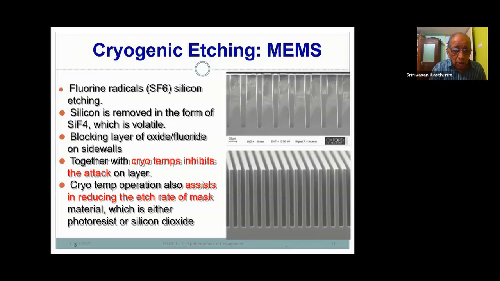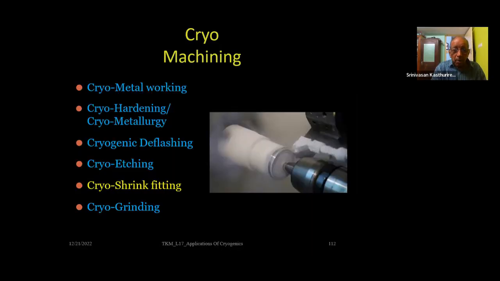Silicon is removed in the form of SiF4, which is volatile, with a blocking layer of oxide fluoride on the side walls. Together with cryogenic temperature, it inhibits the attack on the layer. Okay. So cryo temperature operation also assists in reducing the etch rate of the mask material, which is either photoresist or silicon dioxide. So you can see the way in which material is removed.